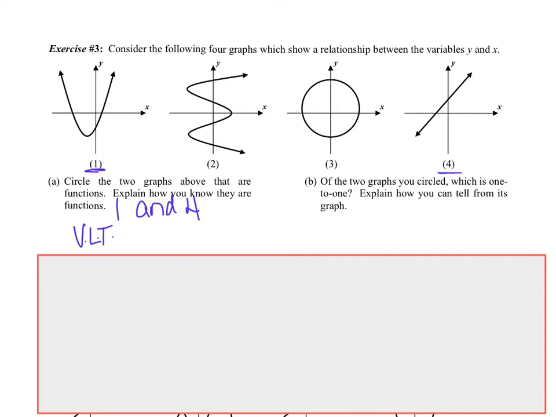So I'm going to take a look at number 1. And I'm just going to sketch the best I can a horizontal line across, okay? And I'm going to estimate a coordinate there. So the first one, let's say it's (2, 4), okay?